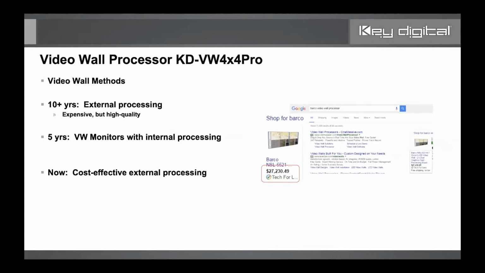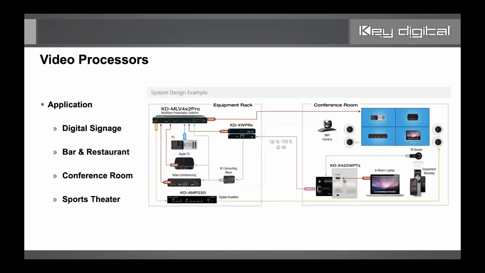And that, still pretty pricey, didn't change much. And now we're able to do it in one box, which lets you use any display you want. You're not spending the money on really large, really expensive displays. You're able to just spend the money on a processor that's definitely more cost effective and use any displays you decide.